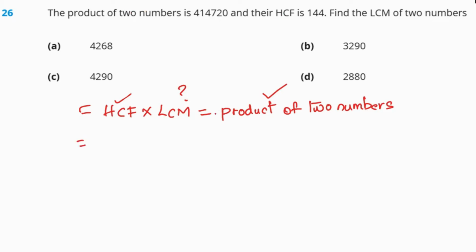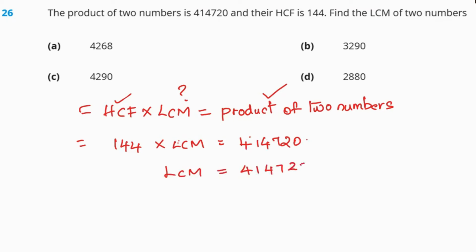So we can easily find out using this formula. HCF into LCM is equal to product of two numbers. So HCF is 144, 144 into LCM is equal to the product of two numbers, which is given as 4,14,720. So for LCM we will get 414720 divided by 144, because when we take 144 to the right side it becomes division.